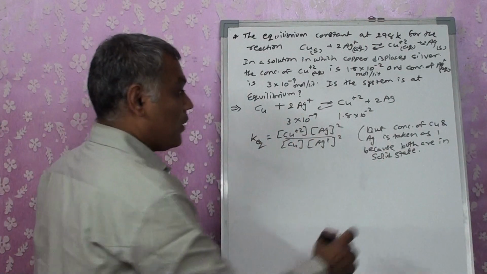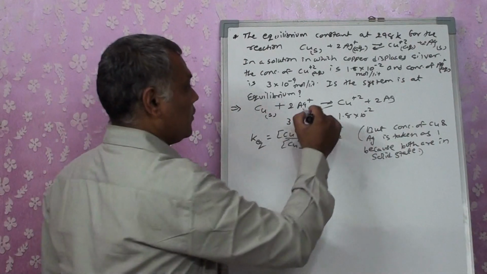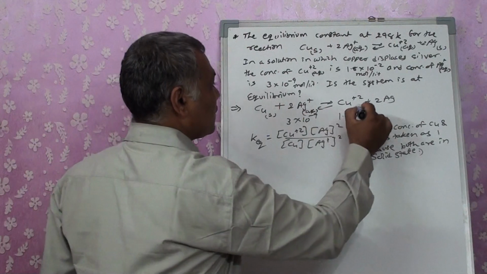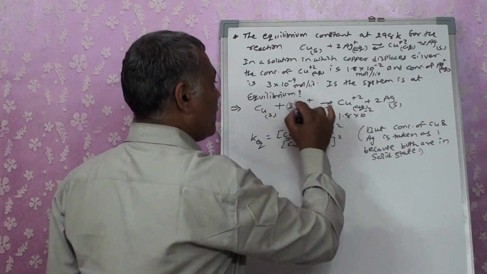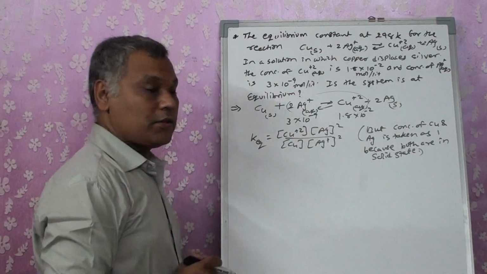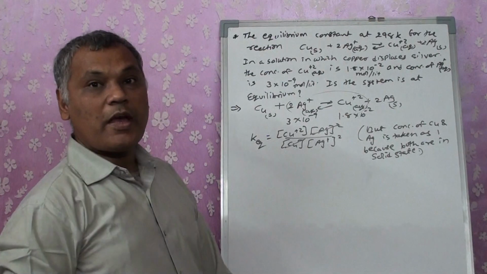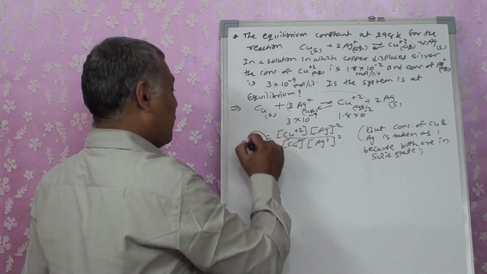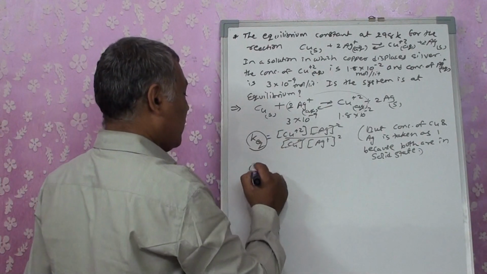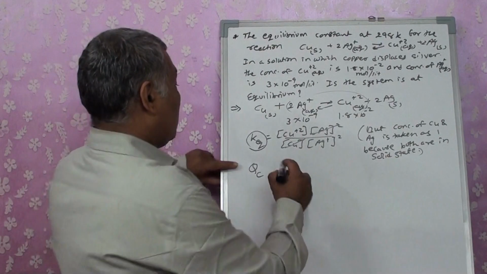We have not been given everything in the same physical state: these are solid, this is aqueous, again this is aqueous and this is solid. So we consider only the aqueous species, and the solids are considered to have a value equal to 1. Because of it, this comes out as Qc, the quotient.